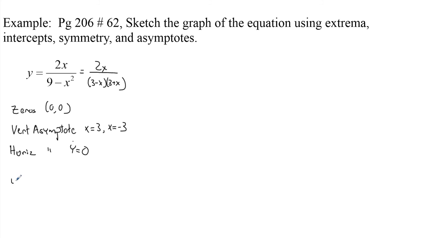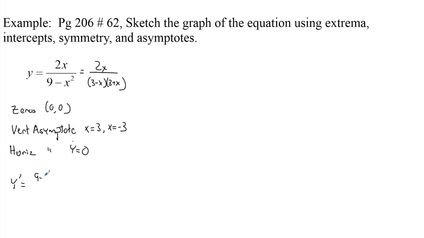And so let's talk about y prime, because we're going to need y prime to find the extrema. We need to figure out where the first derivative is either undefined or 0. Unfortunately, there's nothing I can do to reduce this, so I have a quotient and I have to use the quotient rule.